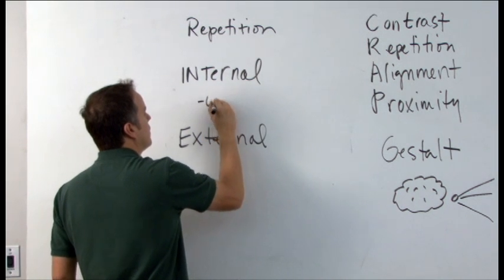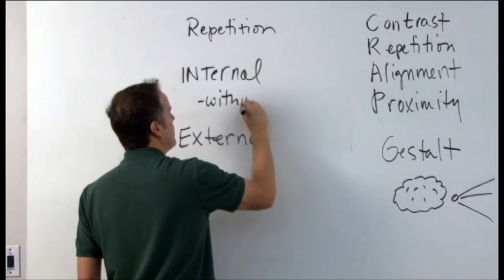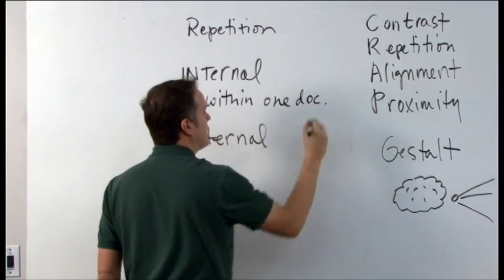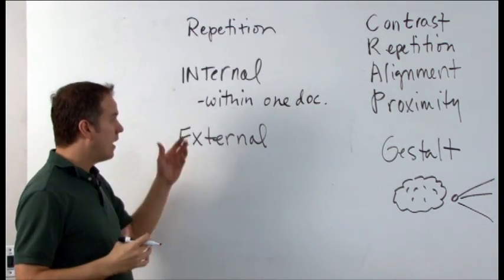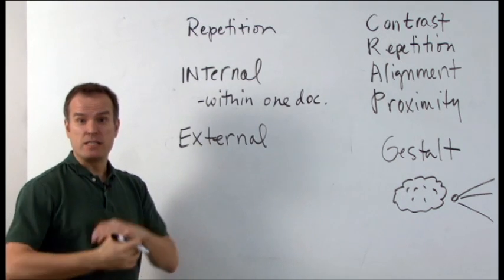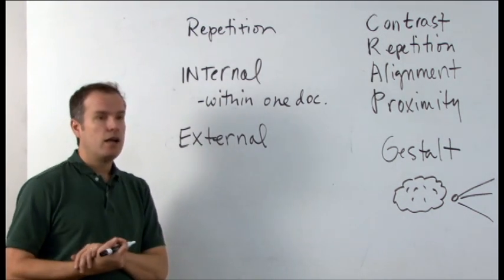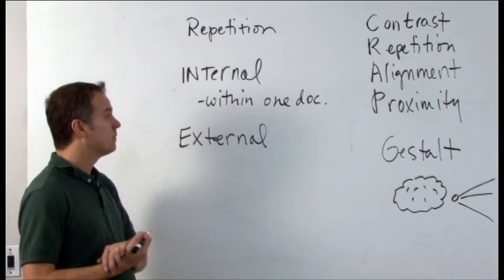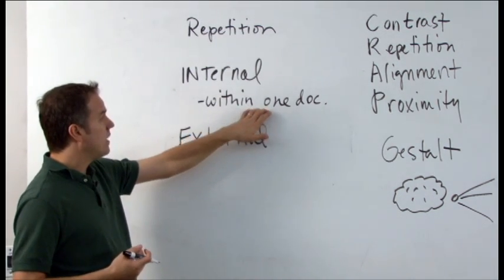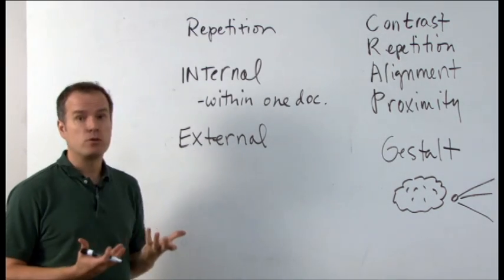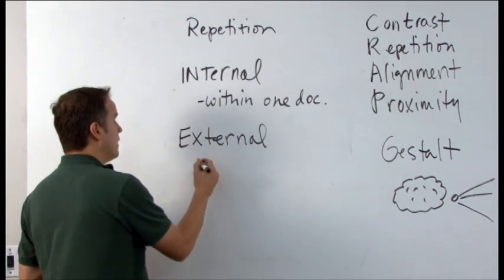So an easy way to think about this is within one document. A document could be a book. It could be something large like a book or an encyclopedia. A document could be a web page. A document, however, would not be something like a whole website, because that's where external repetition comes in.